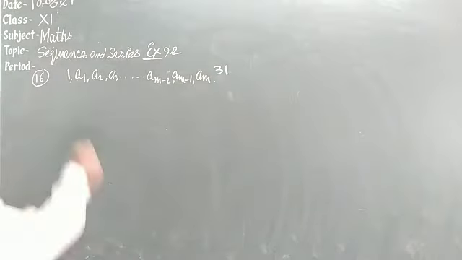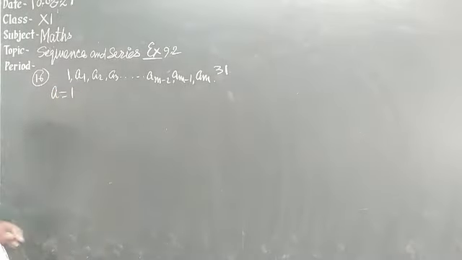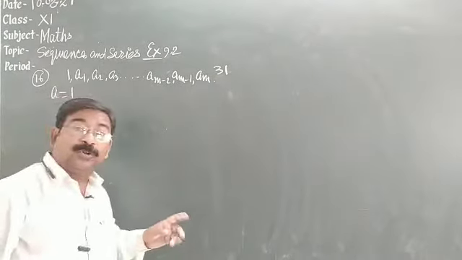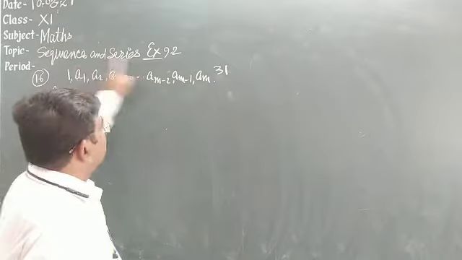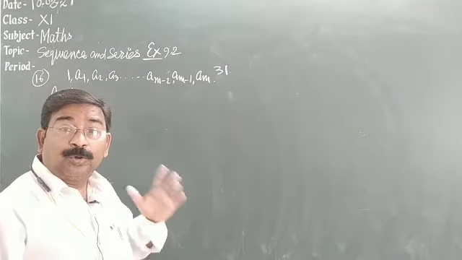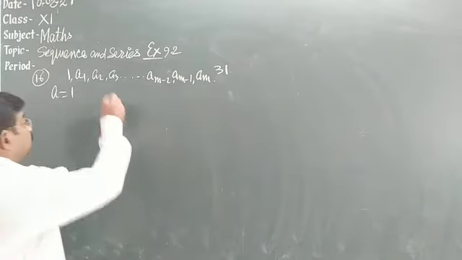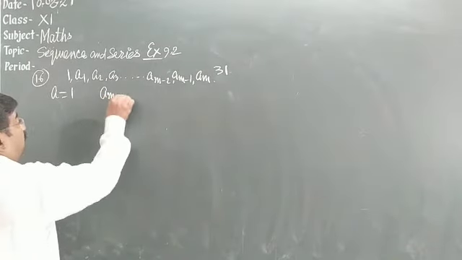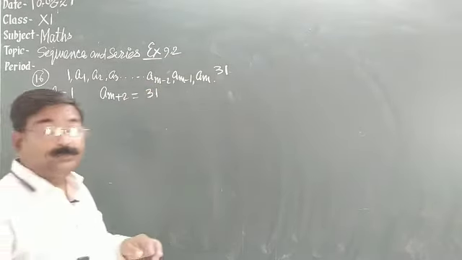So here we have a equal to 1, the first term. And how many total terms are there now? M terms are inserted and 2 terms, 1 and 31, are given. The total is m plus 2 terms. So we have a(m plus 2) equal to 31, the last term.